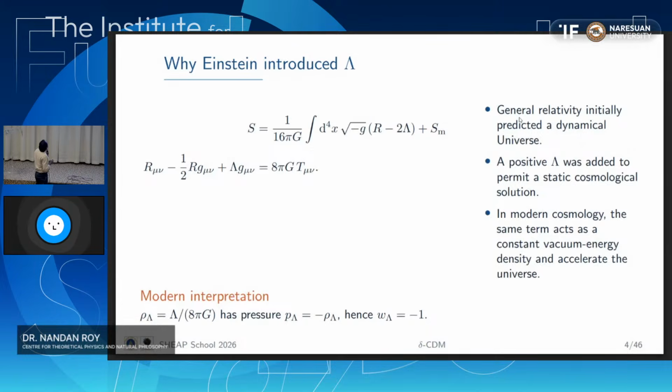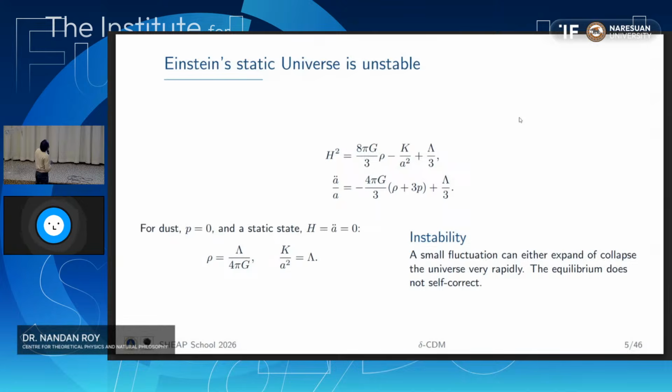This is just a recap. You know how the cosmological constant can come into the picture: you can add a constant term in the Einstein-Hilbert equation, and then you get this lambda here. When you go to the field equation level, this lambda can give you accelerated expansion for a positive cosmological constant.